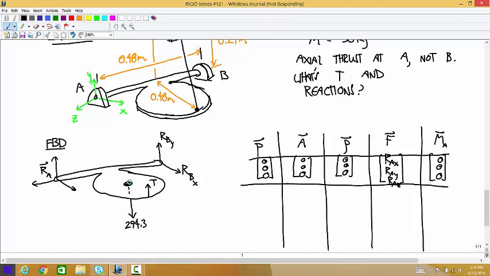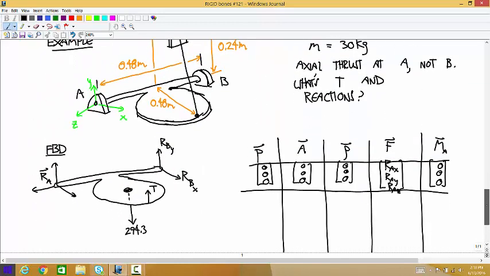And then the weight force, that happens at 0.24 negative Z, and then 0.24 X. The about point stays the same.